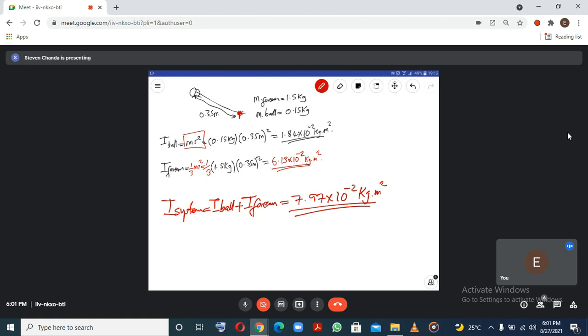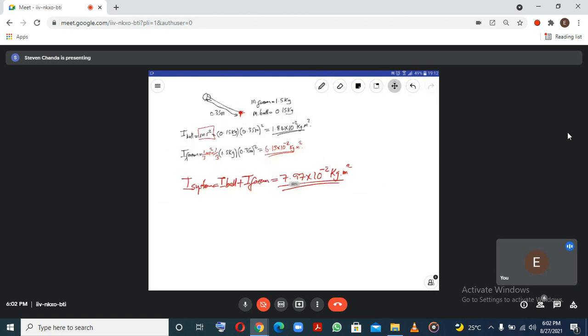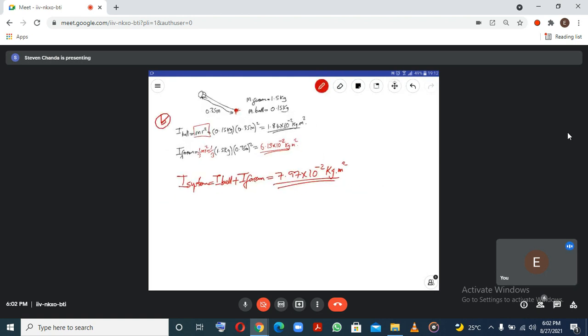Yeah. Then the third question is: find the torque exerted on the system that results in the angular acceleration found in part A. Okay, so what they're asking us, we found the moment of inertia, that was B. A, we answered it last week.